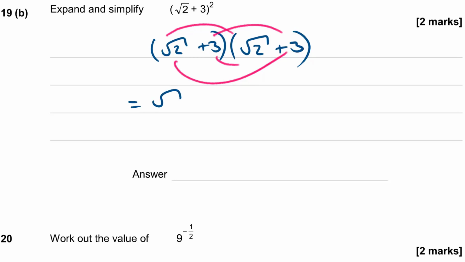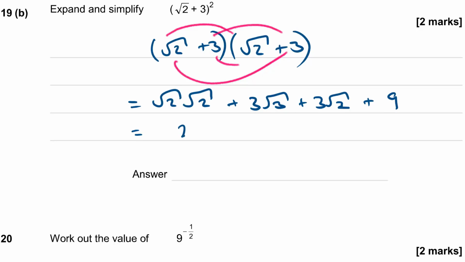I'm going to get root 2 times root 2 plus 3 root 2 plus 3 root 2 plus 3 squared, which is 9. Root 2 times root 2 is 2. 3 root 2 plus 3 root 2 is 6 root 2 plus 9. So 2 plus 9 is 11. So it's going to be 11 plus 6 root 2 is our solution.